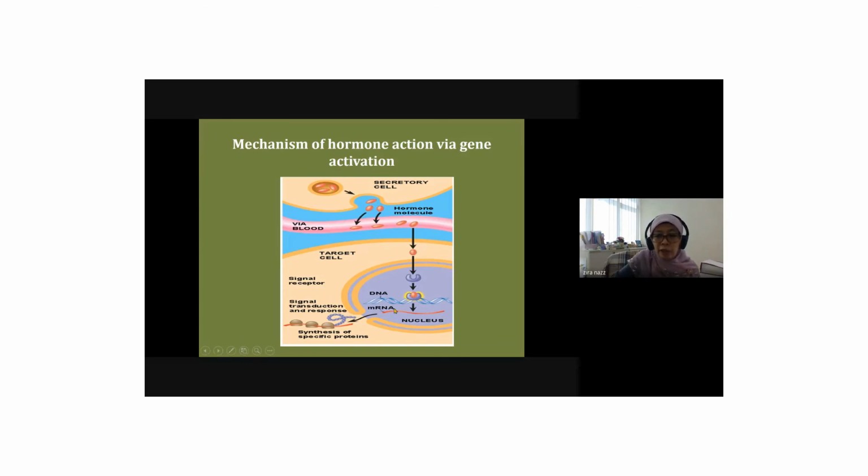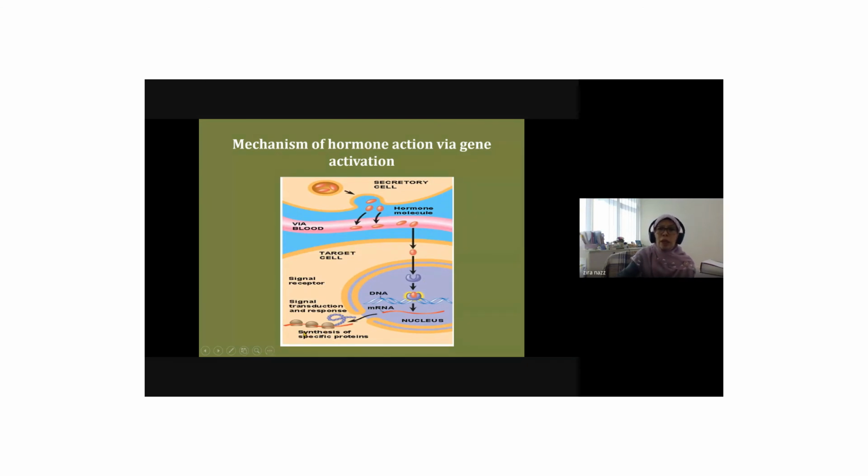So you have this mRNA here. Then this mRNA will move to the cytoplasm and start the synthesis of a specific protein. It will then continue with the next event, which is the translation process. In translation, mRNA is converted into protein. So this is the synthesis of a specific protein.